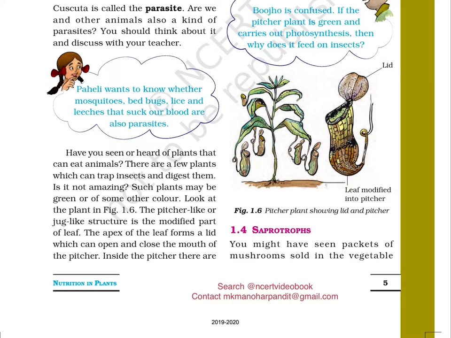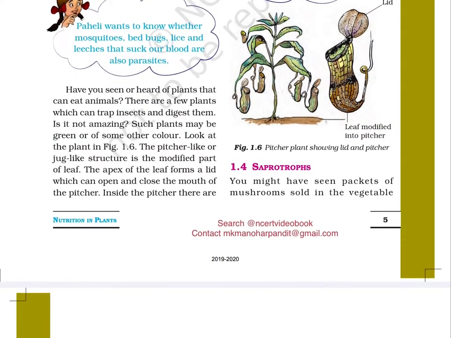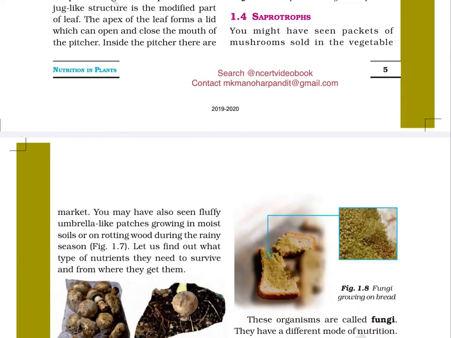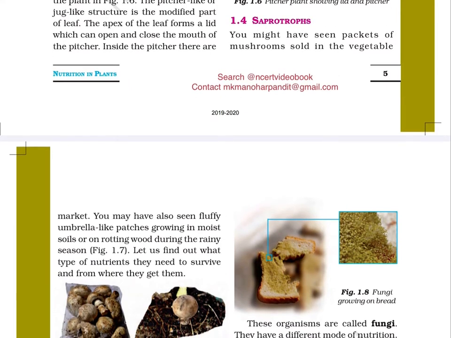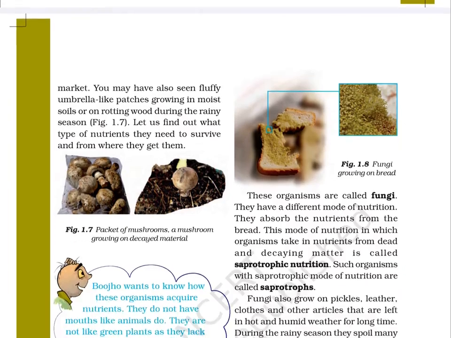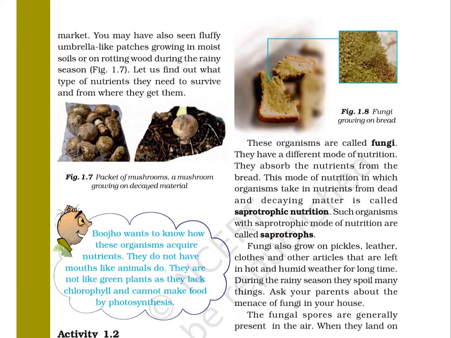1.4. Saprotrophs. You might have seen packets of mushroom sold in the vegetable market. Page 6. You may have also seen fluffy, umbrella-like patches growing in moist soils or on rotting wood during the rainy season.